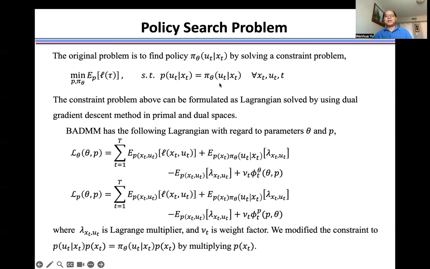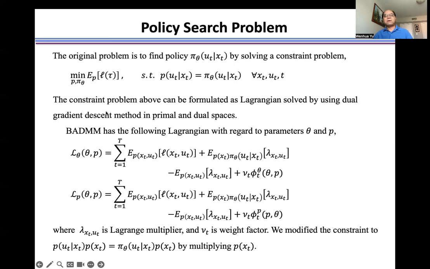That means when we get the minimum, make sure the policy we search has the same distribution as the system controller for any state, action, and time.